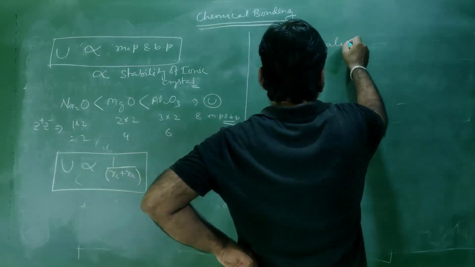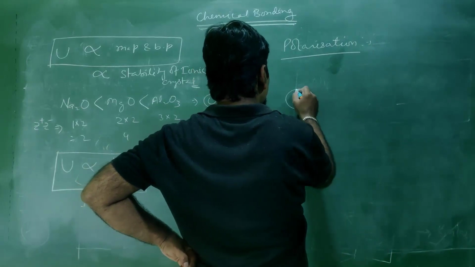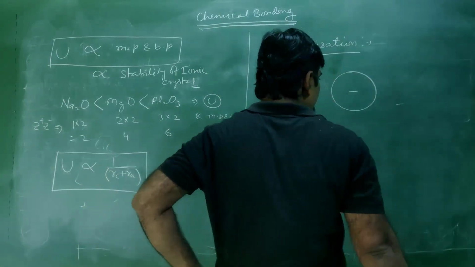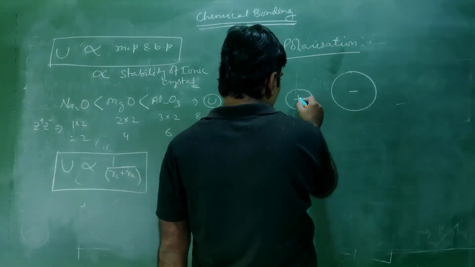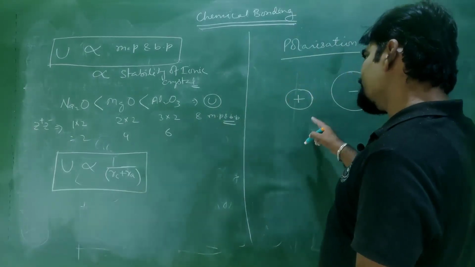Polarization: suppose there is a cation which is smaller in size and an anion which is bigger in size. When the cation is smaller in size, obviously at the surface of this cation, the residual nuclear force is very large.